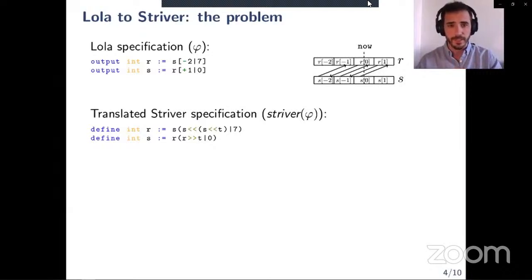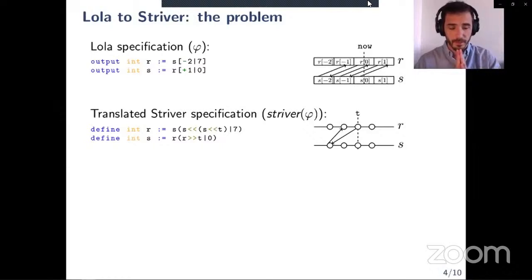In Striver, what we get is the same picture. So if we want to compute the dependency of r at t, we would see that it depends on the value of the event of s before the last event of s, and that event itself depends on the next value of r, and everything is alright.